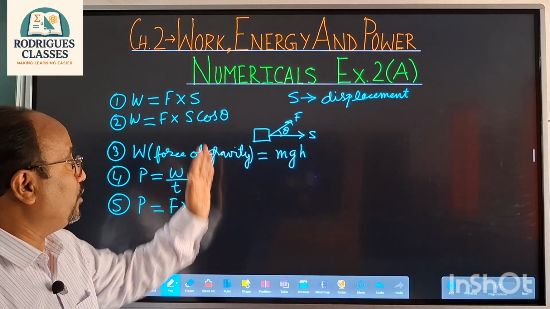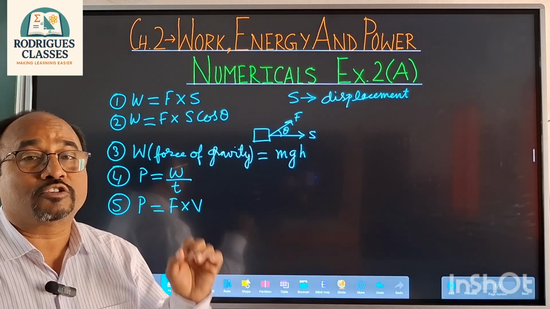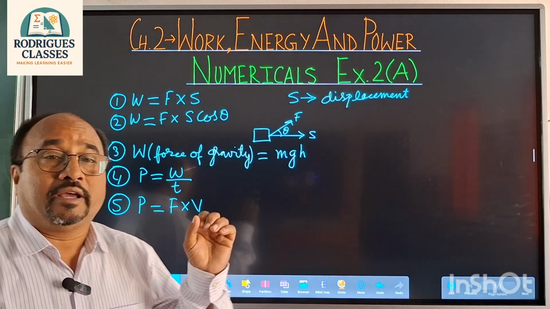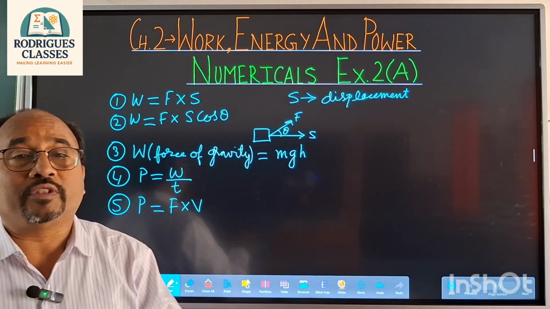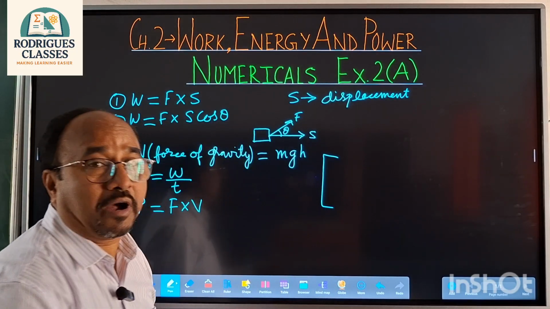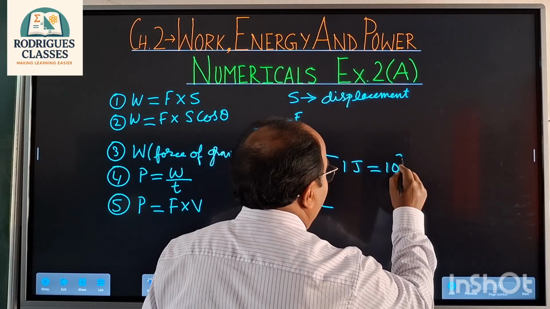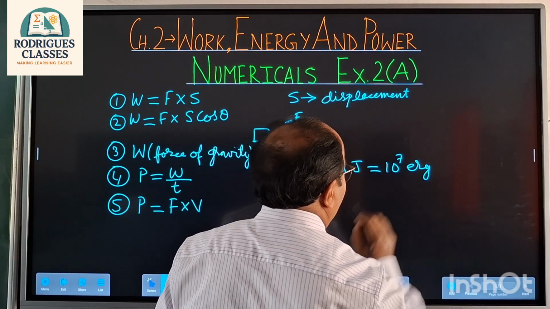Okay. When we are doing these numericals, apart from the basic conversion of the units, we should also remember how the SI and the CGS units are related. Okay. So here I am writing some of the conversions. We should know 1 joule comes as 10 to the power 7 erg. Okay.